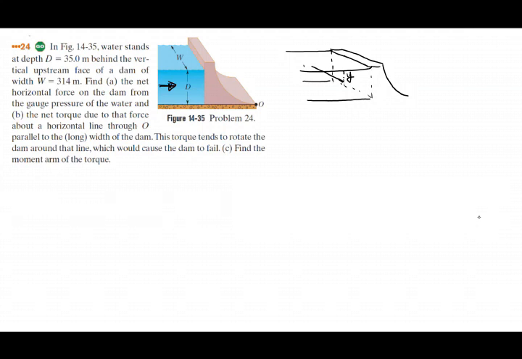With that variable, you can express the cross-sectional area of this water reservoir. The width of the dam is W, right? And the depth of an arbitrary position in the water is y. So the given depth of this cross-sectional area is dy.